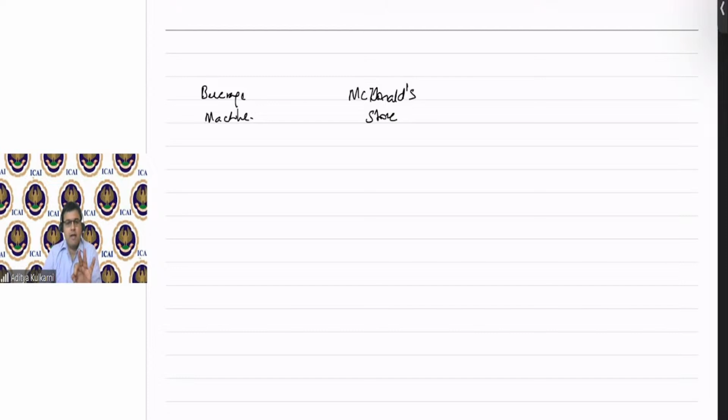Basically, all of them are products of the Coca-Cola company. So the Coca-Cola company and McDonald's have entered into exclusive agreements, saying that McDonald's will only sell Coca-Cola beverages to its customers.